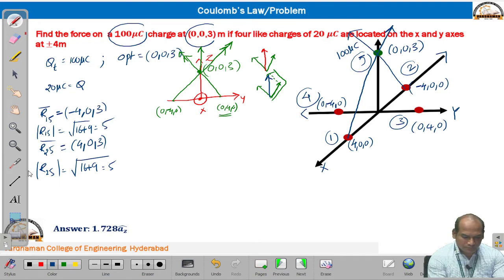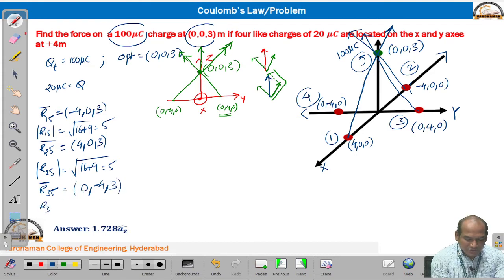Now, due to the third charge, we will get like this. Okay. So, R35 bar is equal to 0 minus 0, that is 0; 0 minus 4 is -4; 3 minus 0 is 3.